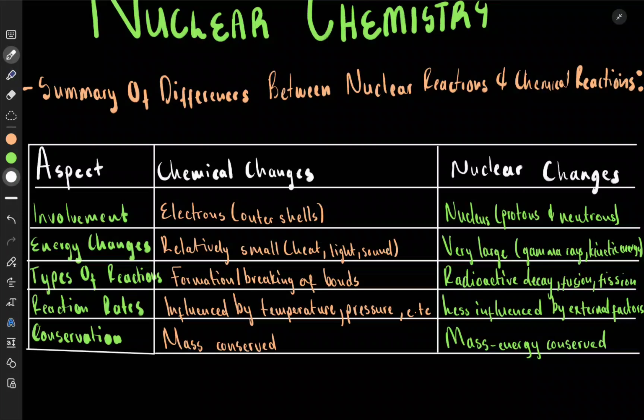Now, the last thing which we talk about is what is conserved in these. In chemical changes, mass is conserved, right? We know for chemical reactions that mass is going to be conserved.